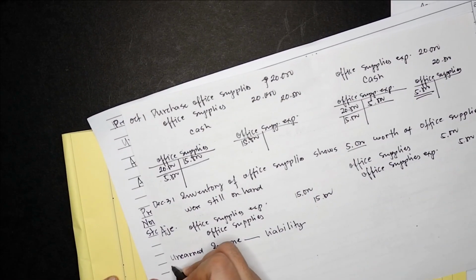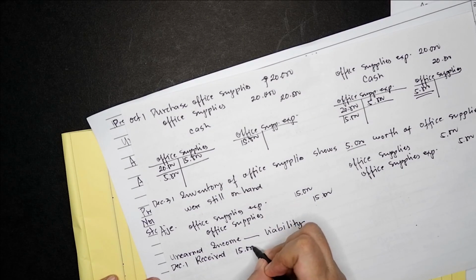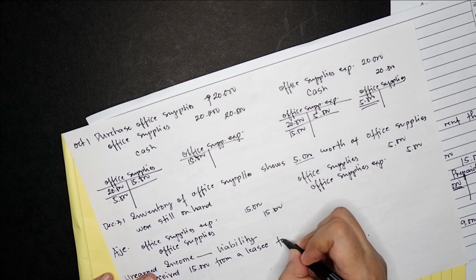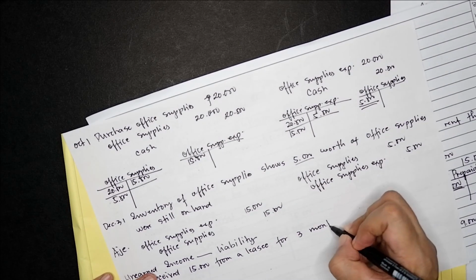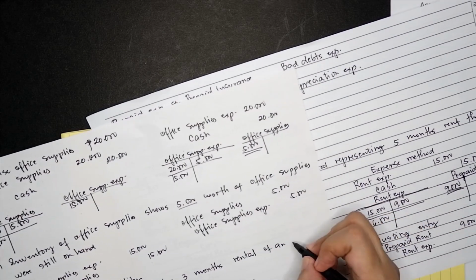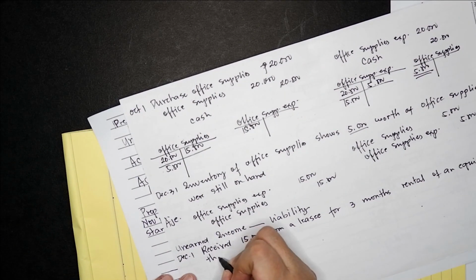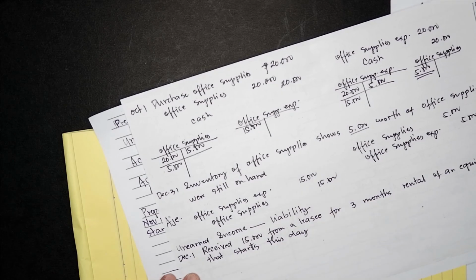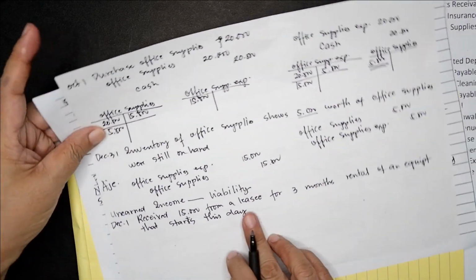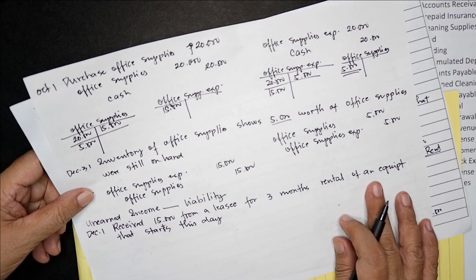Let us have a transaction. Say December 1, receive 15,000 from a lessee for 3 months rental of an equipment that starts this day.